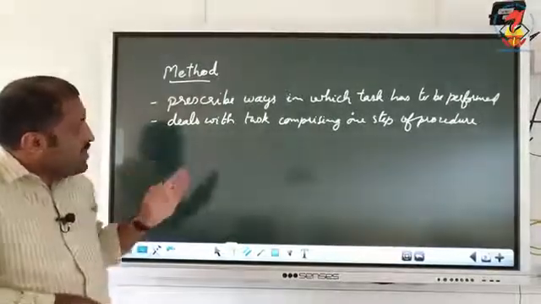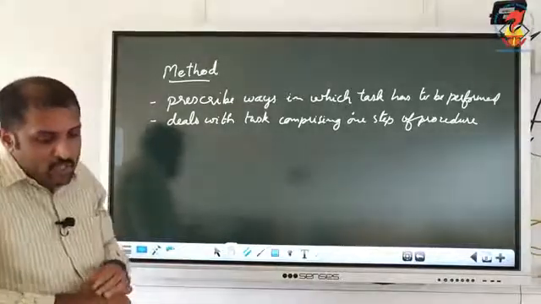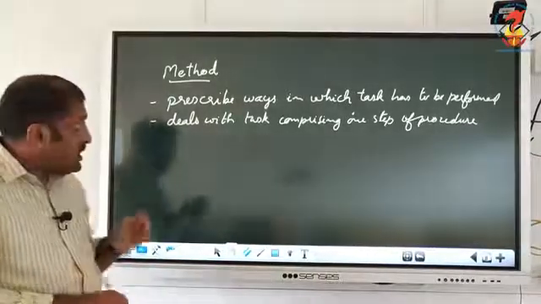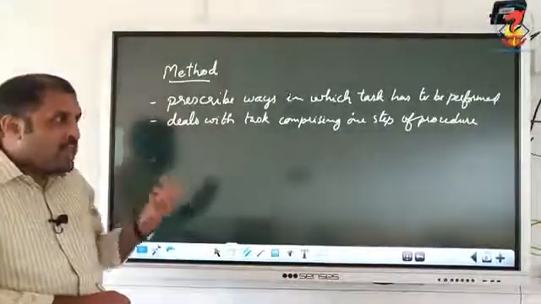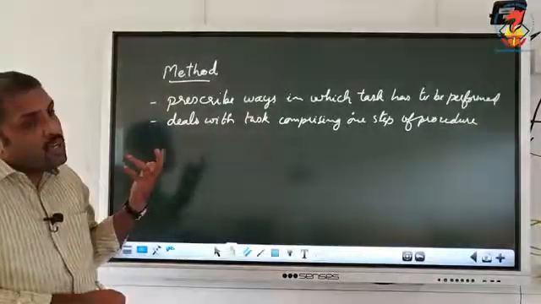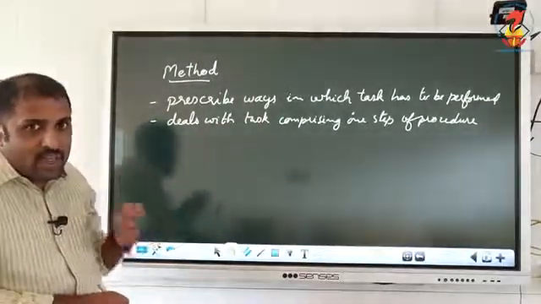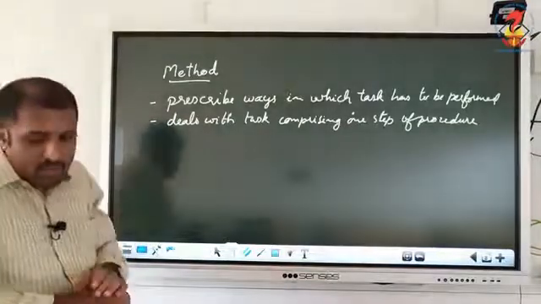So, it is dealing with the task which is comprising of one step of procedure, and method can vary from task to task. Each task can differ. The method which is used can differ. In each task, the method, the prescribed ways can differ.